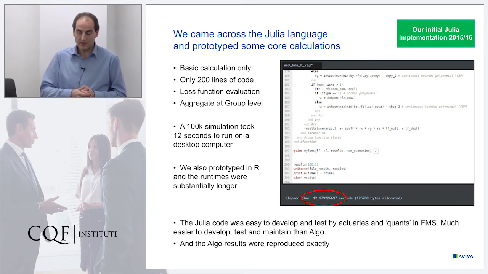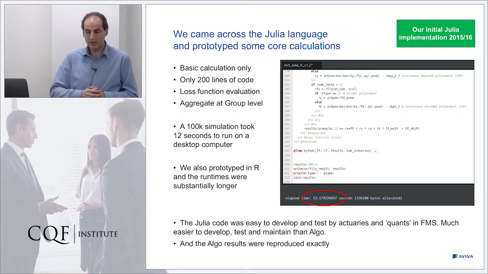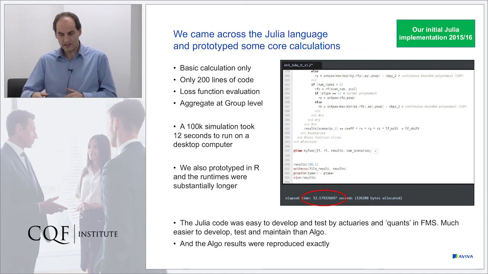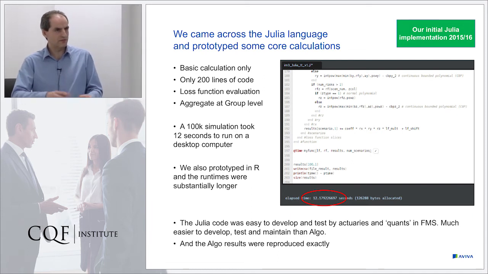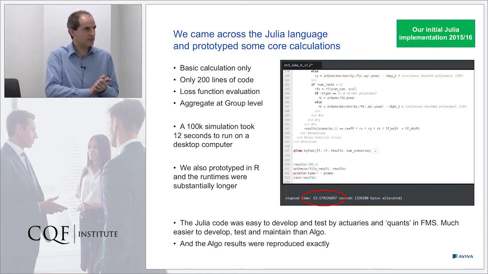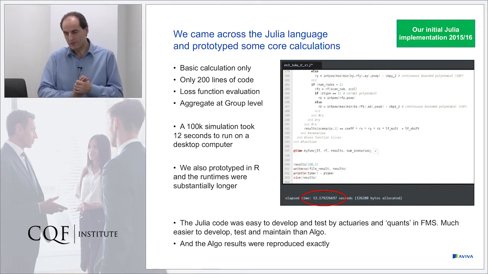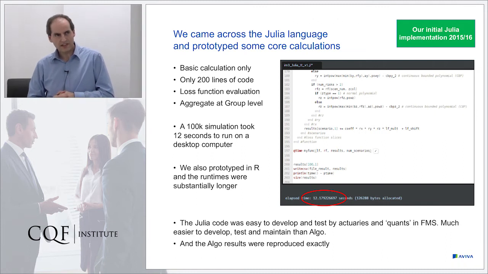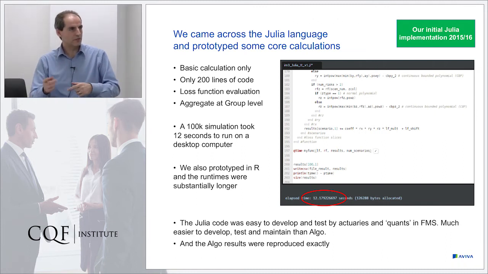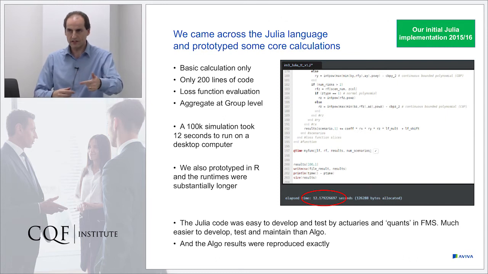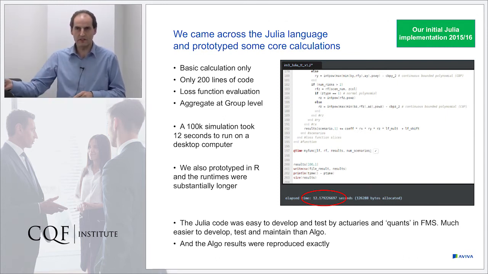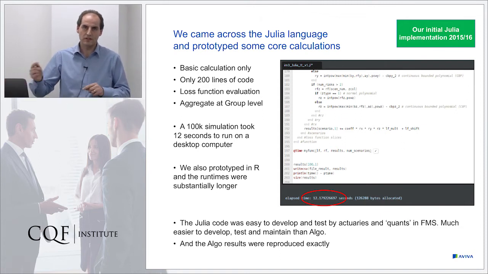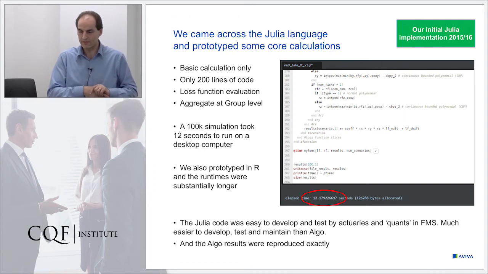And after a couple of weeks of playing around and understanding how you benchmark these things, how you put them in function, making all the basic beginner errors, pushing things to the outer edge of the loop, sorting out integer powers and looping those around so that they inlined and compiled fast, we got the calculation, which would have taken 40 minutes in Algo, to run in 12 seconds on one desktop computer.